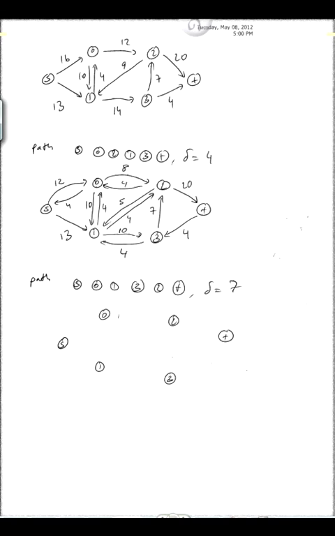So again, the easiest thing is to first copy down all of the edges that we didn't touch. So we didn't touch this edge from S to 1. So that's going to remain as 13. We didn't touch this edge from t to 3. So that's going to remain as 4. We didn't touch these edges between 0 and 2.